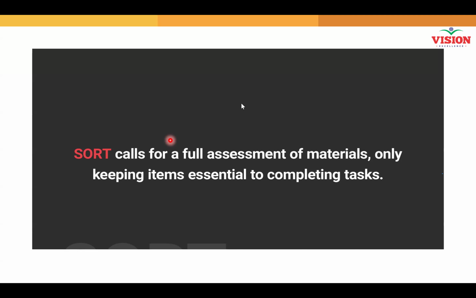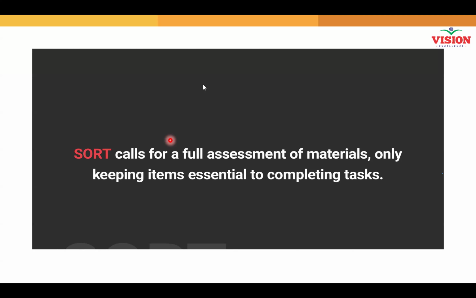You need to have a full assessment of what is available in the current condition, at the current time, in the particular zone. Then against each item, you ask yourself whether it is needed or not, and do a need-want analysis. Then you will be able to differentiate what is necessary and what is unnecessary.